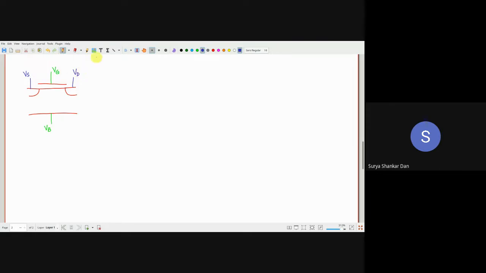Okay. So the first thing that you have to keep in mind is that before we add the source and the drain terminals, this is very, very important.